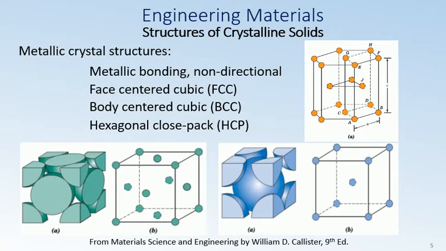For most common metals, three simple crystal structures are found. Face-centered cubic is shown on the very left of this slide, with hard sphere model and reduced sphere model in figures A and B respectively, in green color.